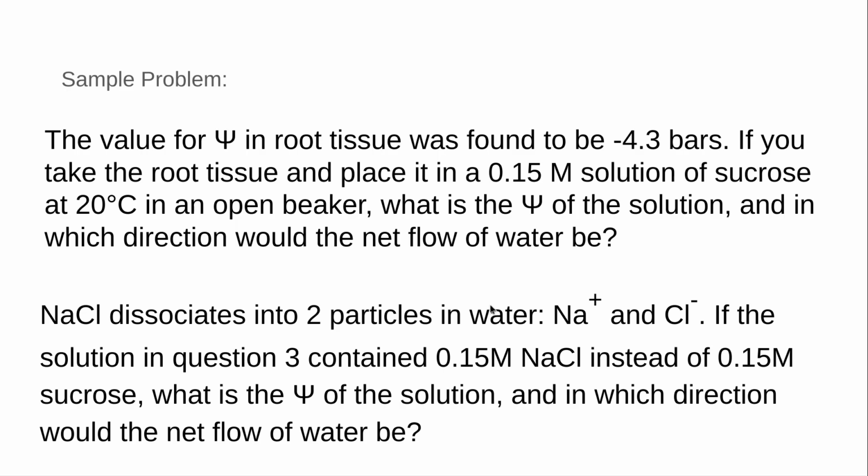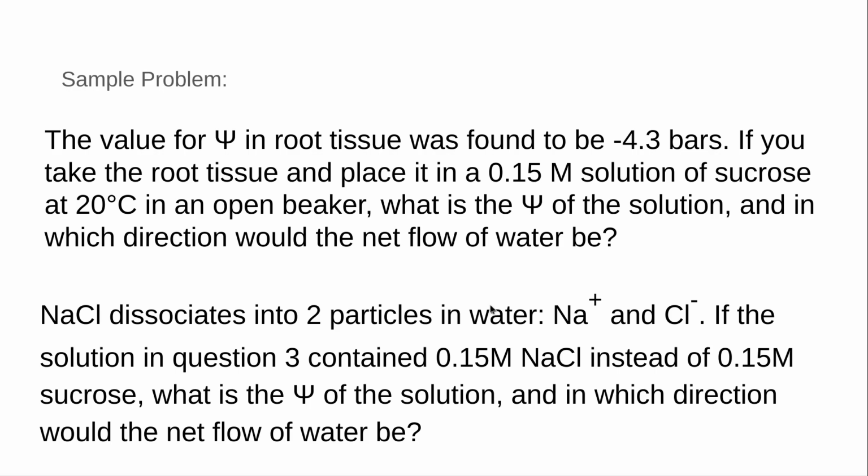And also remember that water moves from a place of high water potential to low water potential always. So students get confused when we are talking about negative values. For example, you might see the water potential inside the cell as minus 2.3 and the water potential outside the cell, the solution in which it is placed, as minus 4.3.